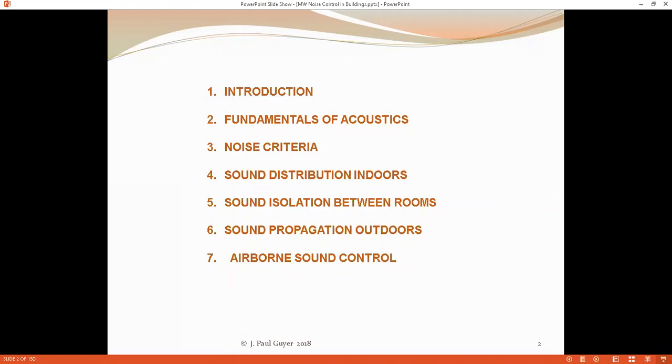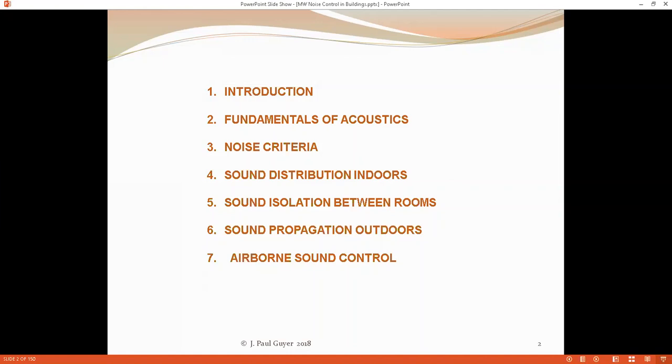Chapter 4, some sound distribution indoors. In other words, in general, I'll be talking about a noisy room and a quiet room. And what you want to do is to design the building so that the people in the quiet room are not disturbed by the people in the noisy room.